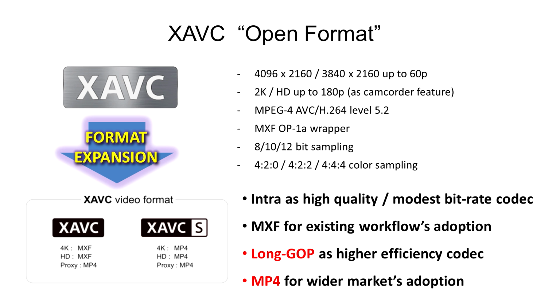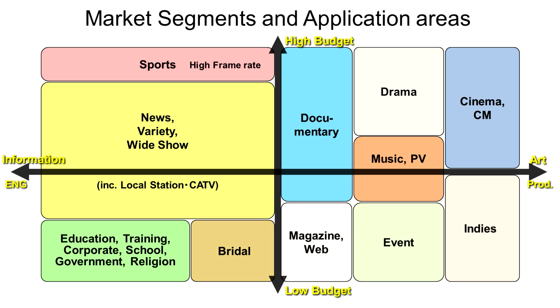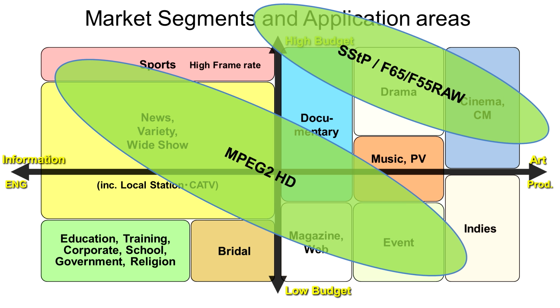Here you see the market segments that we currently envision for different levels of picture quality, from high budget productions to wedding videographers, for artistic productions, for news gathering. And until recently, Sony was addressing the needs of these applications by employing in the high end the SR codec and of course RAW in the form of F65 and F55 RAW.